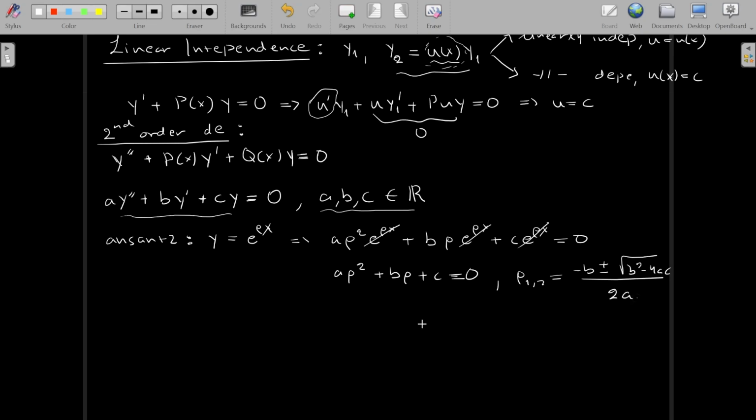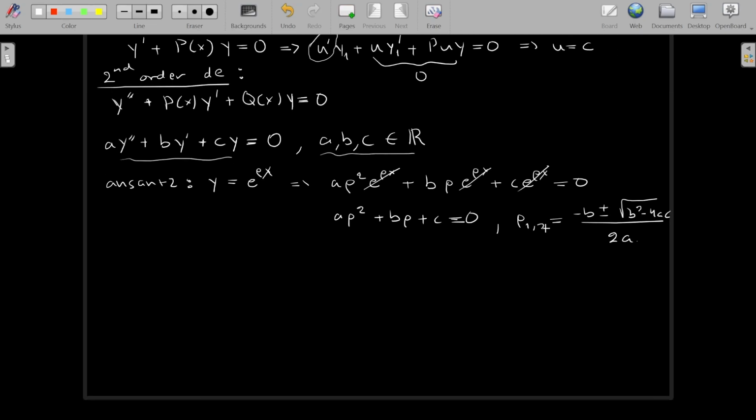Okay, and this is the solution every time. So you get one solution which is going to be e to the r1 x, and the other solution is going to be e to the r2 x.